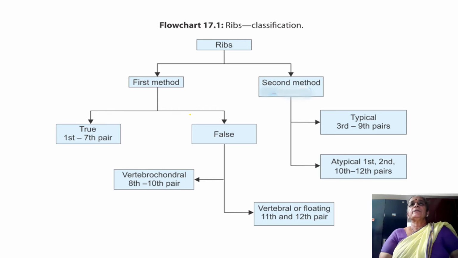Now you understood the classification of ribs, so go through the flow chart. In this, the first method and second method are shown. The first method classifies them into true ribs and false ribs, which are again classified into vertebrochondral ribs and vertebral or floating ribs. The second method is into typical ribs and atypical ribs.